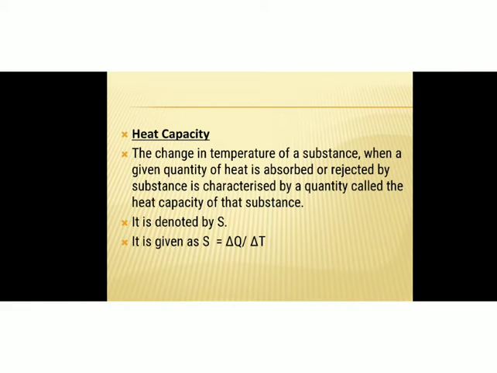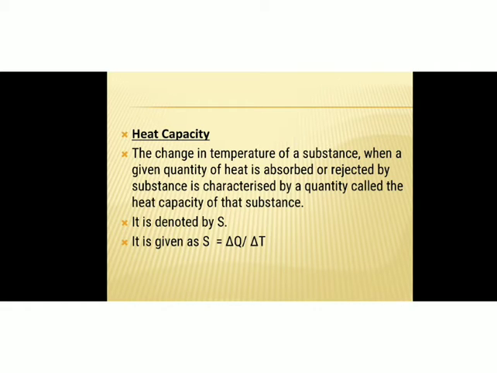So this change in temperature of the substance is characterized by a quantity called heat capacity. It is denoted by S, and the formula to find heat capacity is S is equal to delta Q by delta T.